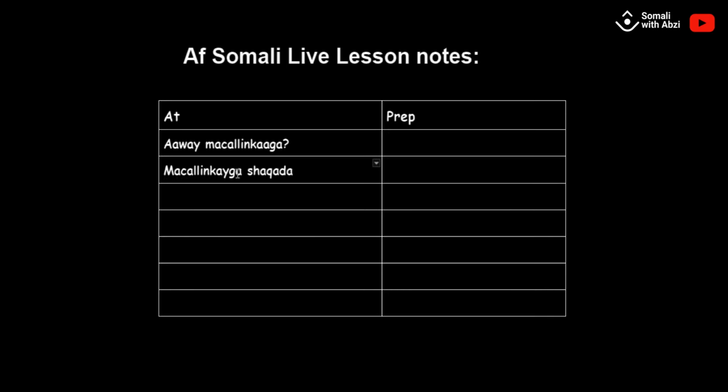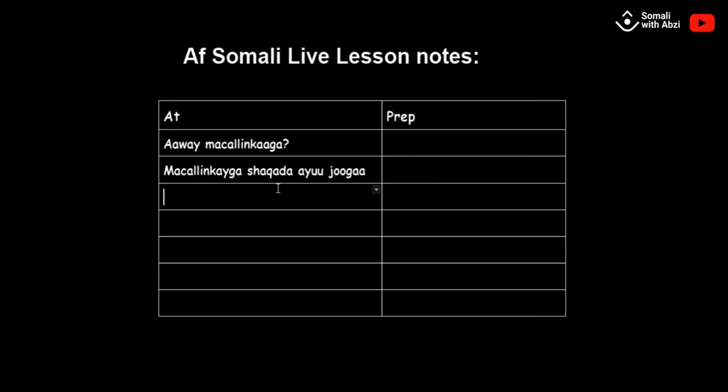Macalinkayga shaqada. Then ayuu joogaa or ayay joogtaa. Now it is ayuu joogaa because we said macalinka. We didn't say macalimada. So macalinkayga shaqada ayuu joogaa. If you're going to use female, you're going to say macalimadeyda shaqada ayay ku jirtaa.